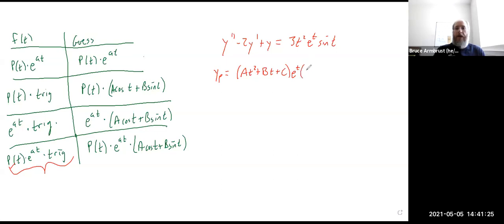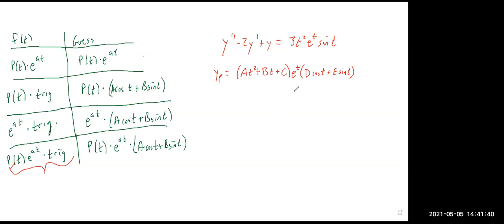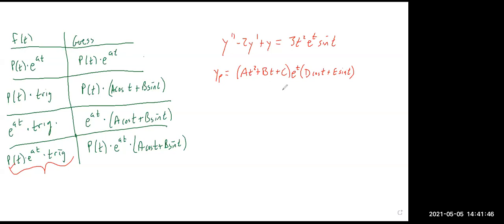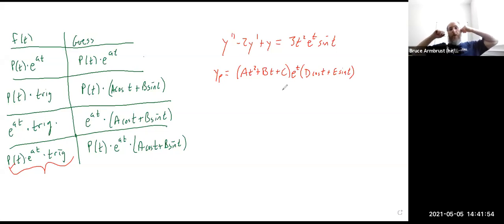But then we need to have a d cosine of t plus e sine of t. Order with those doesn't matter because it's commutative, right? Whether I write cosine sine or sine cosine? No, that doesn't matter. Okay, so this is what the form suggests.